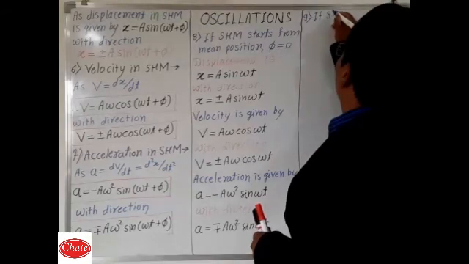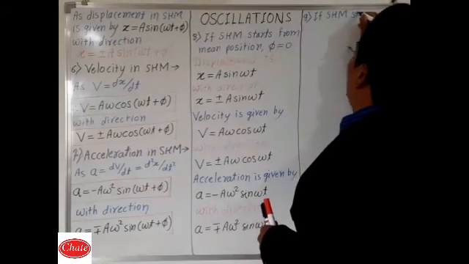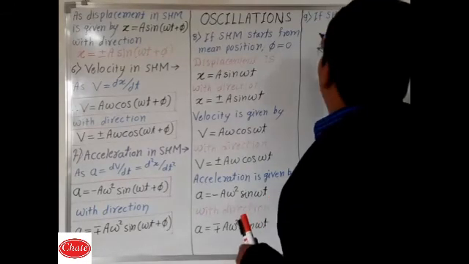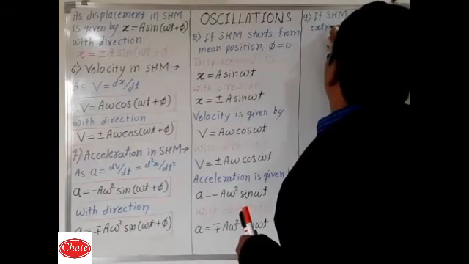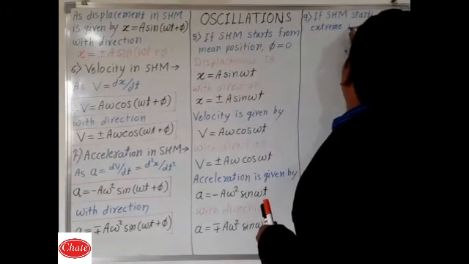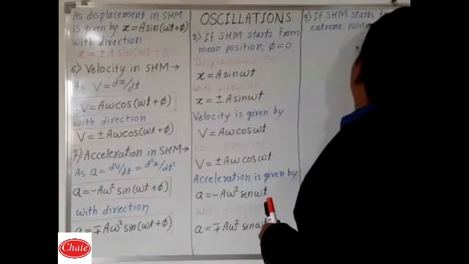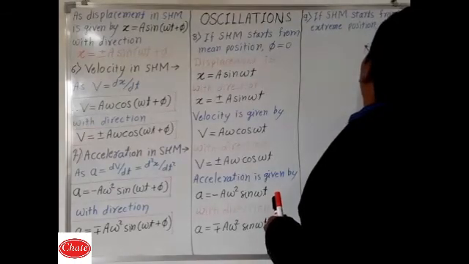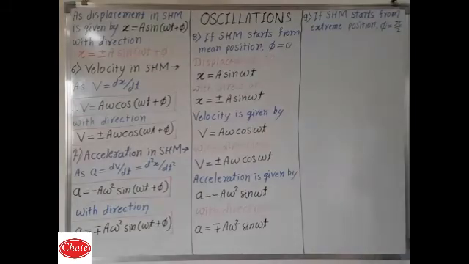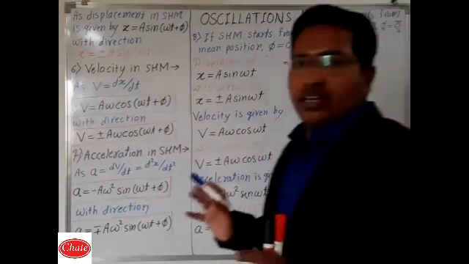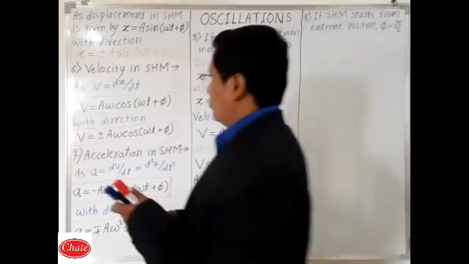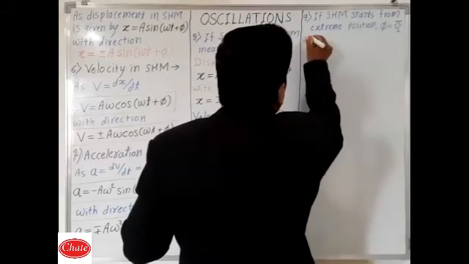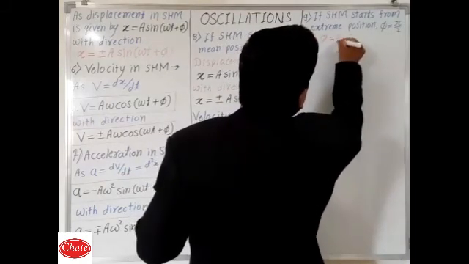If SHM starts from extreme position, phi equal to pi by 2, or you can write 90 degree, म्हणजेच काय लिहिणार तुम्ही 90 degree. आले का लक्षात? Or phi is equal to 90 degree.